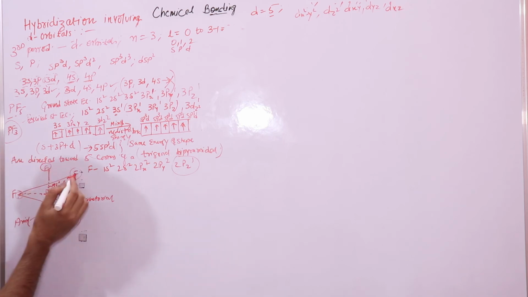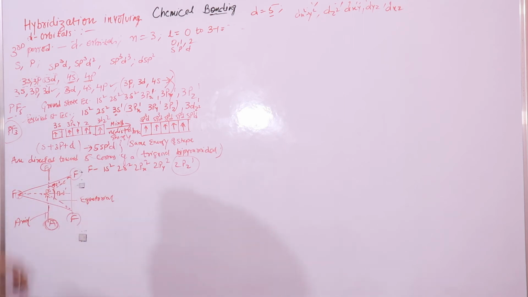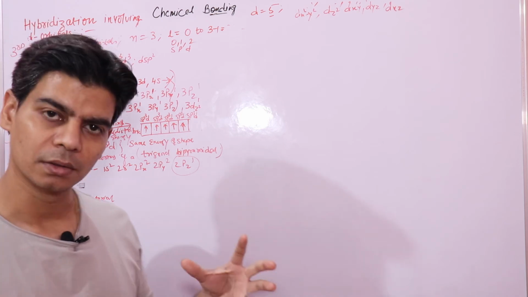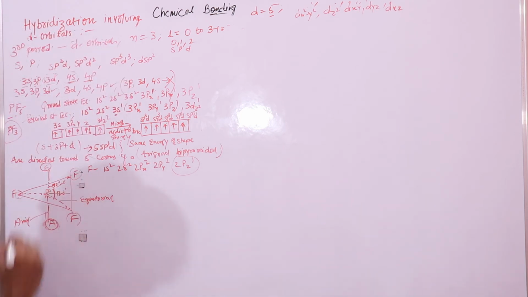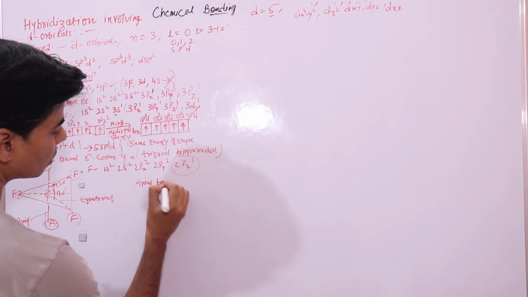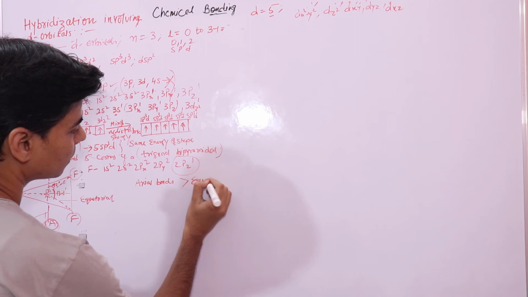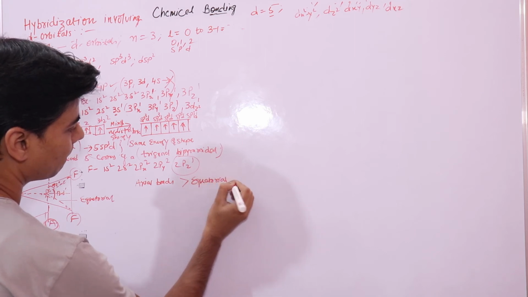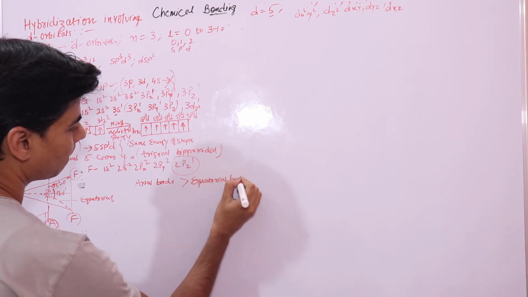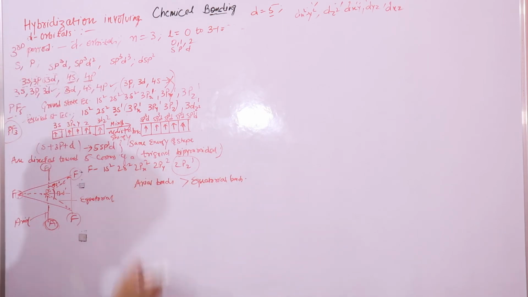These fluorine atoms are repelled to a larger distance by these equatorial bond pairs, right? Due to which these bonds will become a little longer compared to equatorial bonds, right? So axial bonds are greater than equatorial bonds, right? Axial bonds are greater than your equatorial bonds.